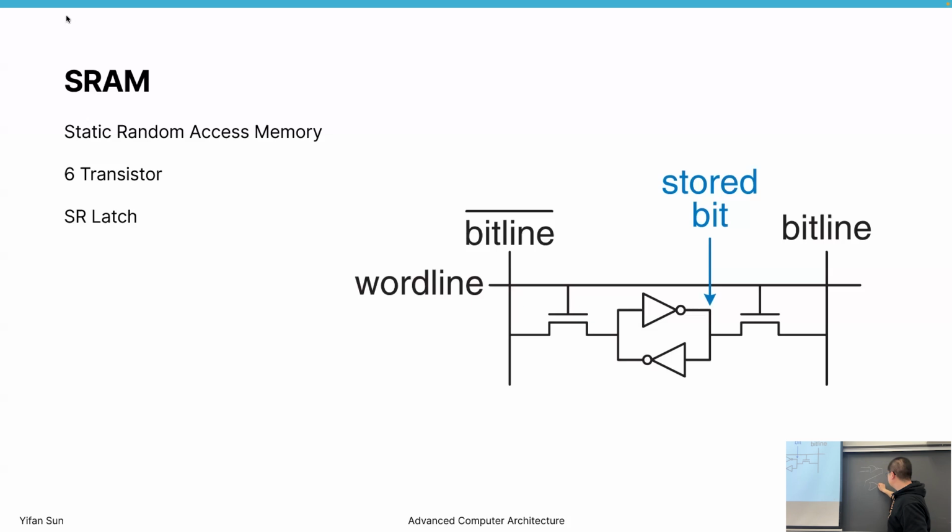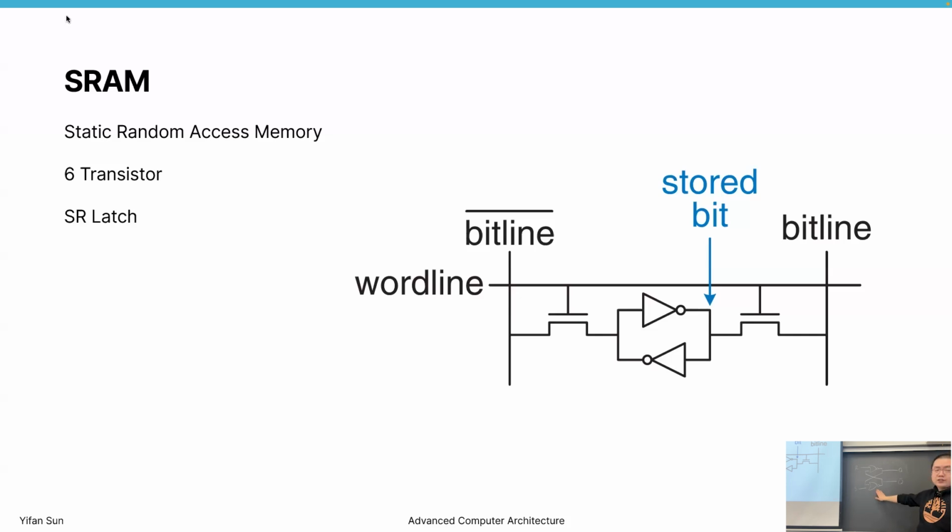It's made of NOR gates. Which side is S? This is S, this is R. This is Q, and this is Q bar, Q prime. Right? This is an SR latch.